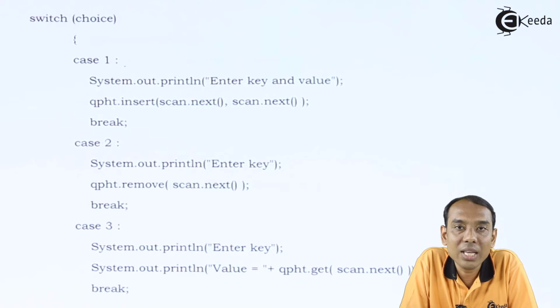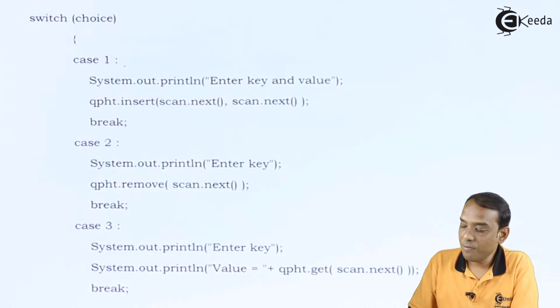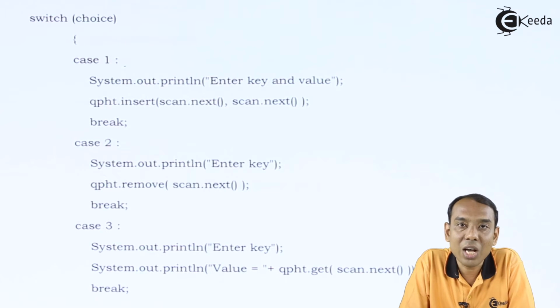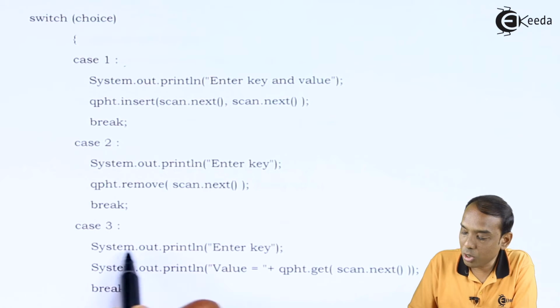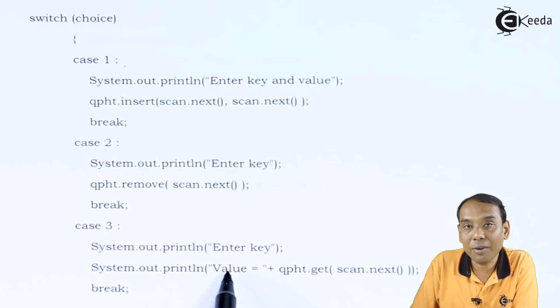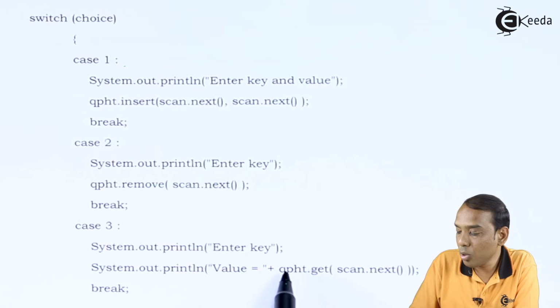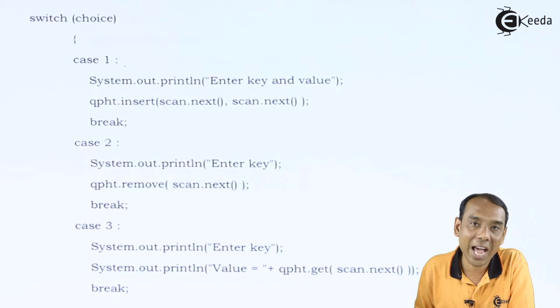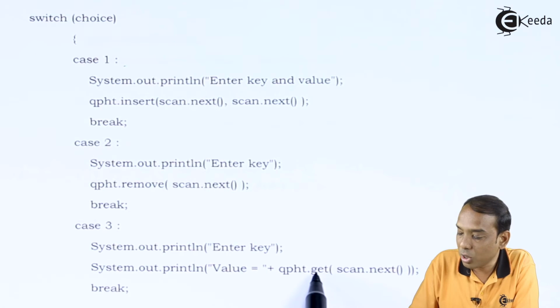Now we will move to case number 3. We have to enter the key so that the user gets the chance to fetch the key and its corresponding value. We have system.out.println enter key, and its value is fetched based on the get function. We write down value equal to QPHT, that is the object of the class quadratic probing hash table. We are going to call the function called get.